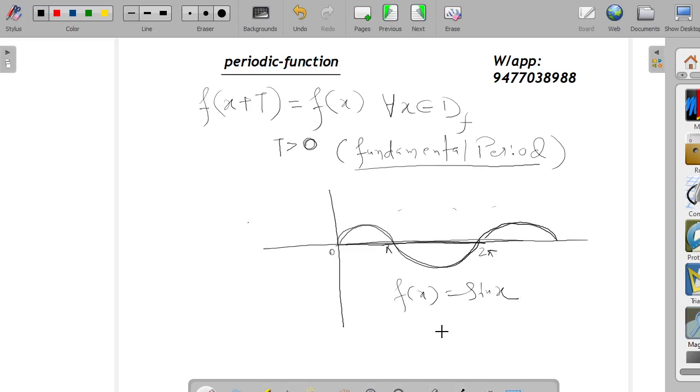This can be easily determined using the graph, but we shall make use of another strategy to find the period of sin x.